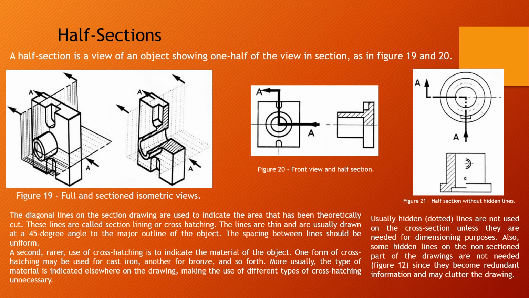Okay, in figure 21, half section without hidden lines. Usually hidden lines or dotted lines are not used on the cross section unless they are needed for dimensioning. Also, some hidden lines on the non-cross-sectional part of the drawing are not needed in figure 21, since they become redundant information and may clutter the drawing.